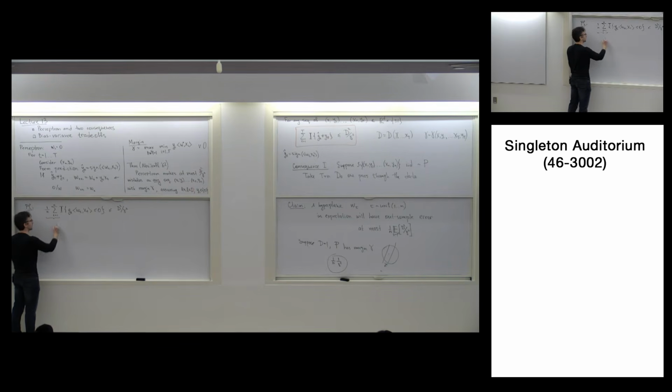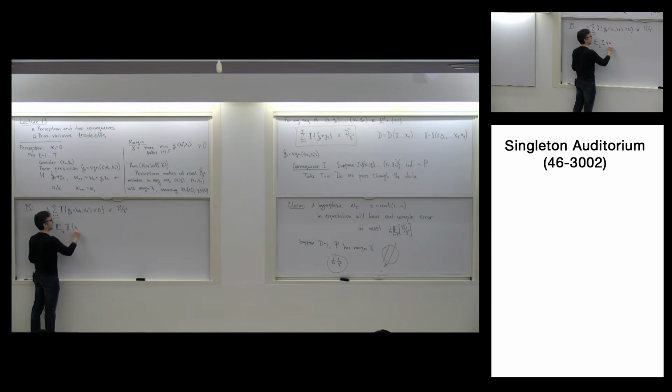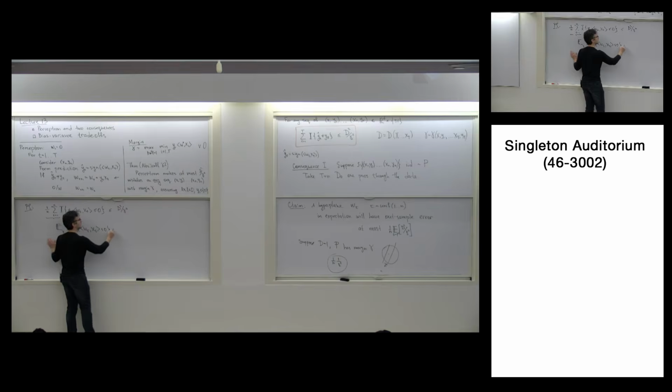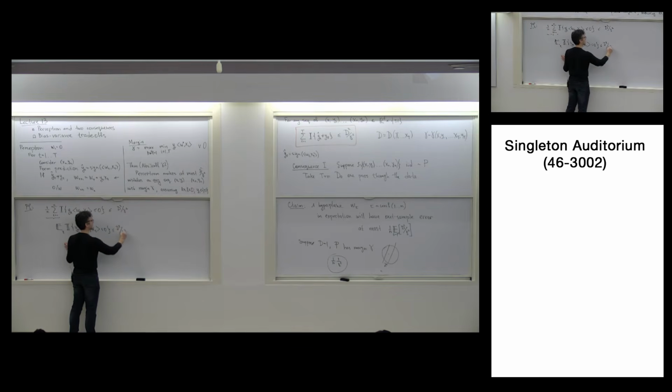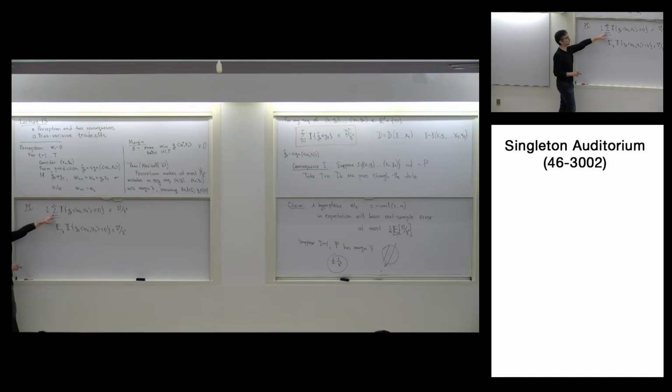Another way of writing it is expectation with respect to tau of indicator of y_tau w_tau x_tau less than 0 is less than d squared over gamma squared. That's just the definition of a uniform distribution. The definition of tau is that it's uniform, so it has 1 over n weight.